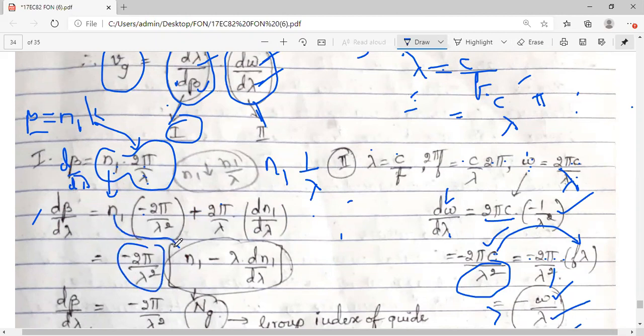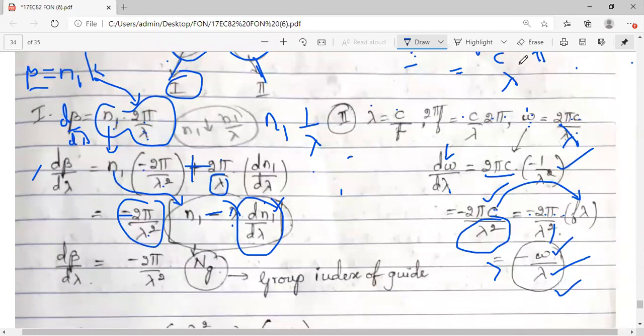If you take it, you will be left with n1. Since the negative sign is taken common, there will be one more negative, so that you will get positive. Lambda is there here, but lambda square has been taken common, so an extra lambda comes in the numerator. Lambda into this, keep it as it is, dn1 by d lambda.